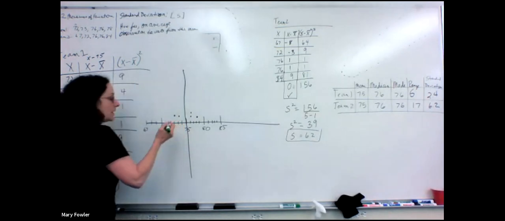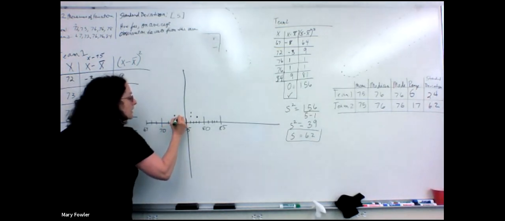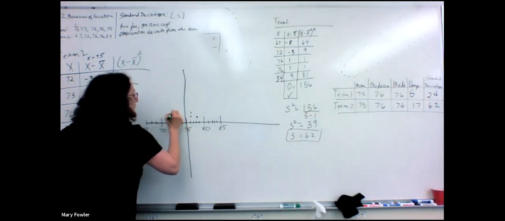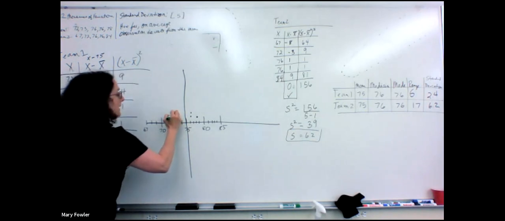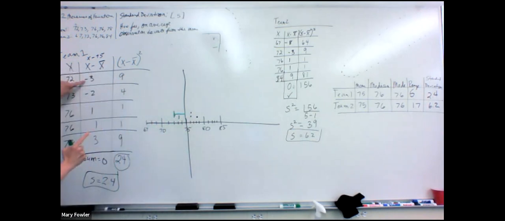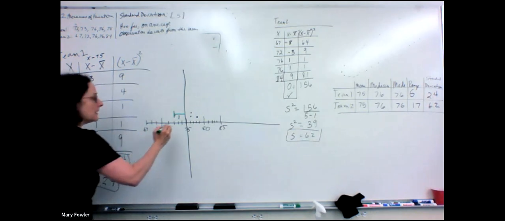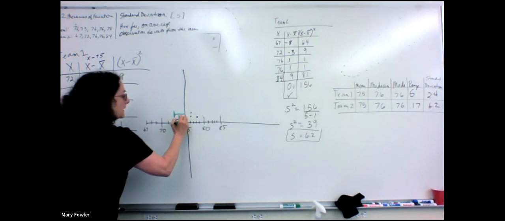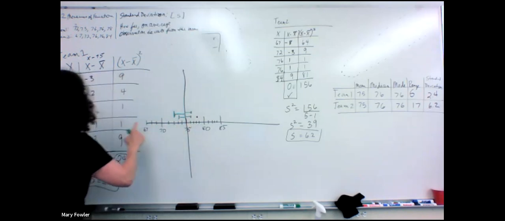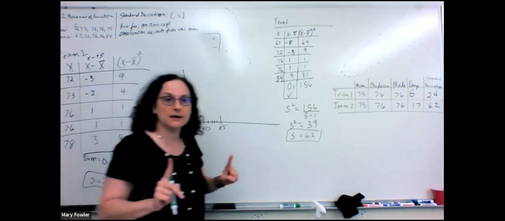Okay, so let's just look at this first guy right here. There's that point at 72. And here is a bar that's 3 units long, just like its deviance is 3 units away from the mean. And this point here was 73, and there's that deviance. And we have two green bars here from 76. They each have length 1.